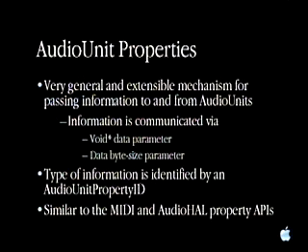So when we come up with some new feature that audio units need to implement, we can always use the property APIs and pass in data via void star pointer, and the length of the data is indicated by a byte size parameter. We define several different properties today, and the type of property is identified by an audio unit property ID. It's just a 32-bit integer.